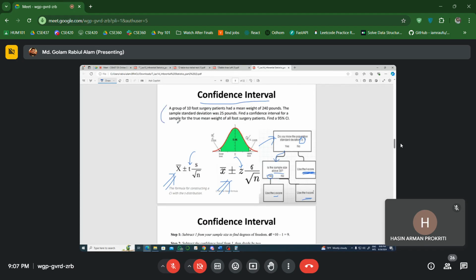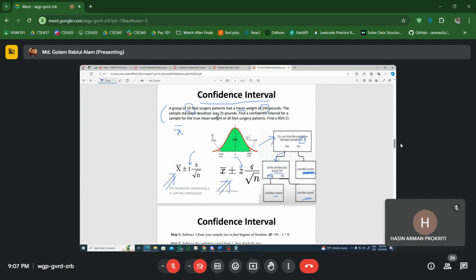Like in this example, a group of 10 foot surgery patients, that is 10 is our sample size, had a mean weight of 240 pounds. This is the mean weight, that is our x bar.